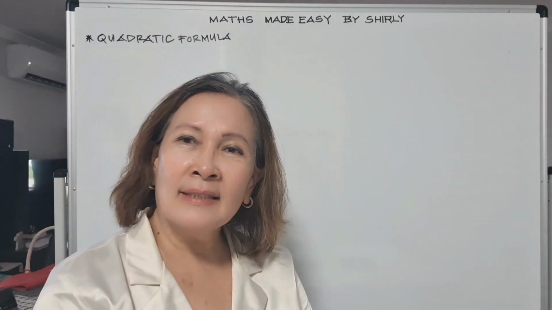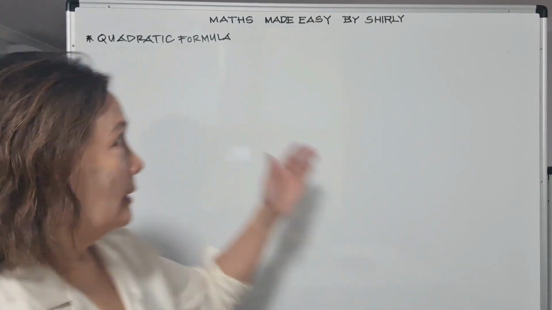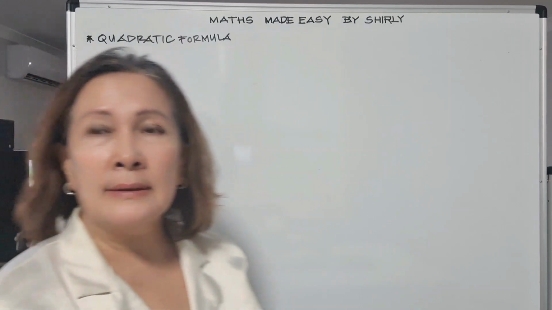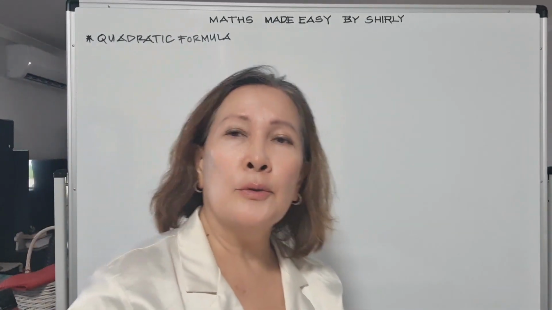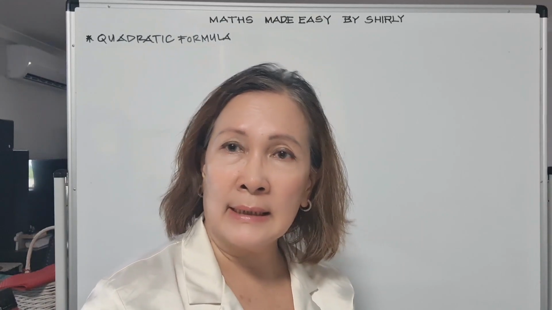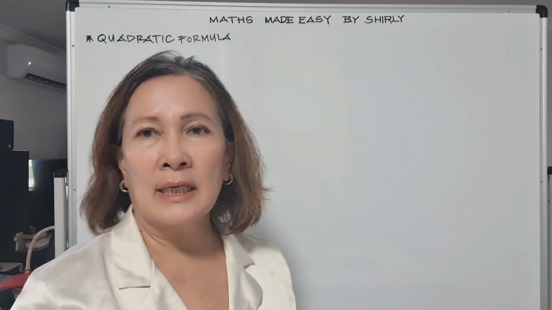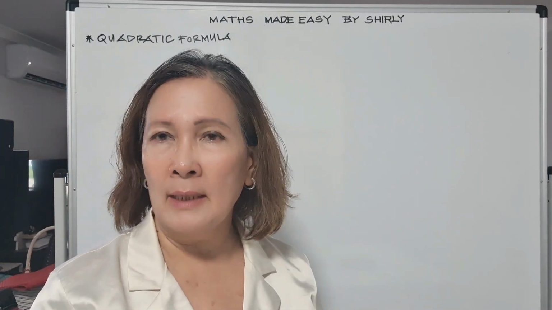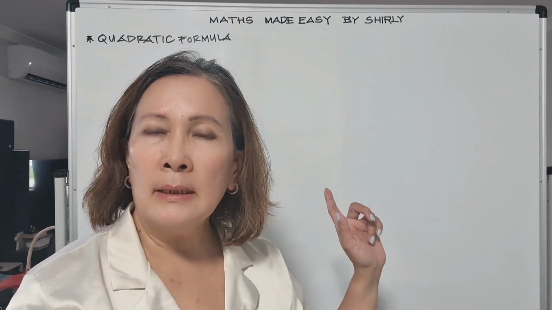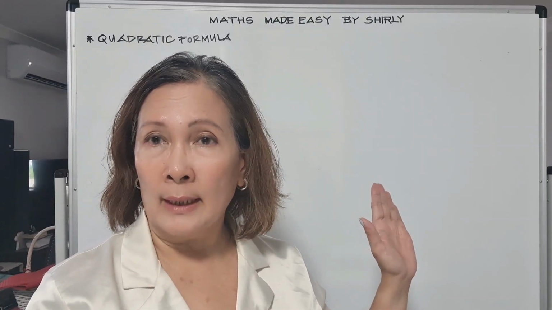Today's topic is on quadratic formula. And this quadratic formula is normally used in quadratic equations where you are finding the unknown. And so, therefore, our discussion today, my presentation, will be on quadratic equation as well.